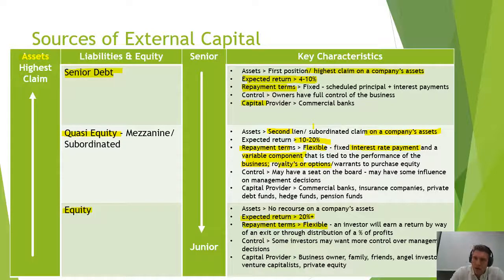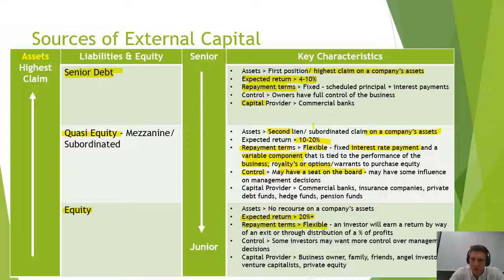So a senior lender has no control over a business. Management has full discretion on how to run a company. Now, quasi-equity lenders are taking on some more risk, and as a result, they may have a seat on a company's board and may have some influence on a company's direction and future.